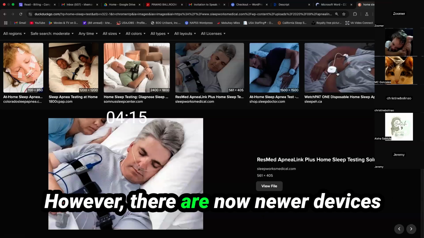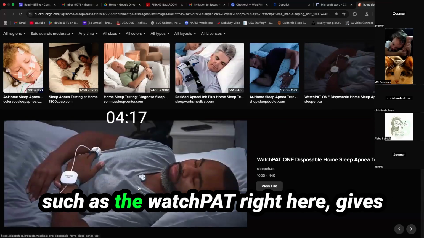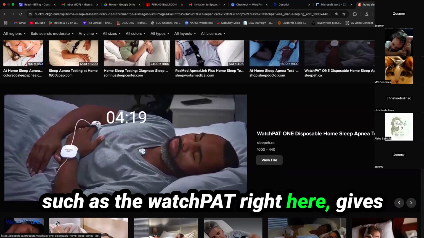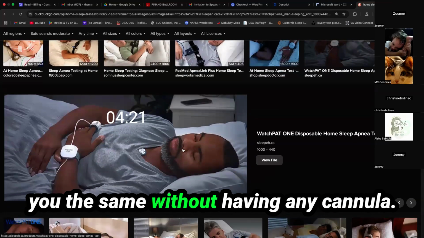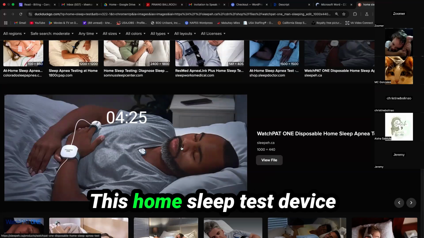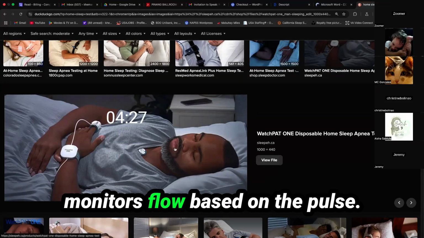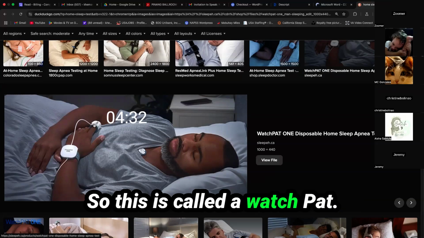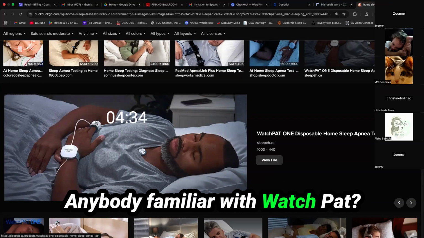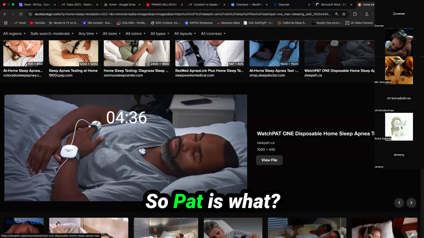However, there are now newer devices such as the WatchPAT right here, which gives you the same without having any cannula. This home sleep test device monitors flow based on the pulse. So this is called the WatchPAT. Anybody familiar with WatchPAT? So PAT is what?